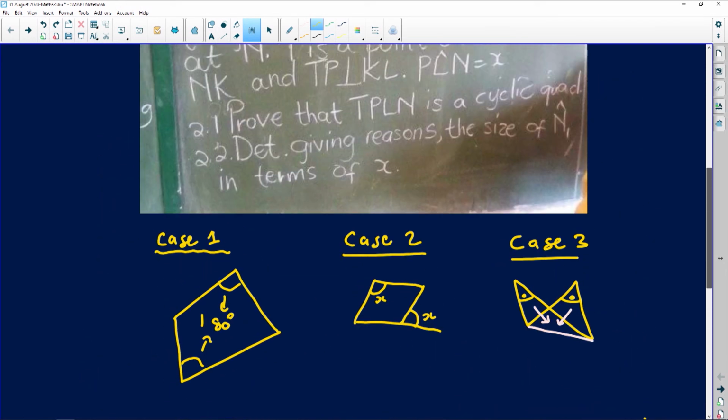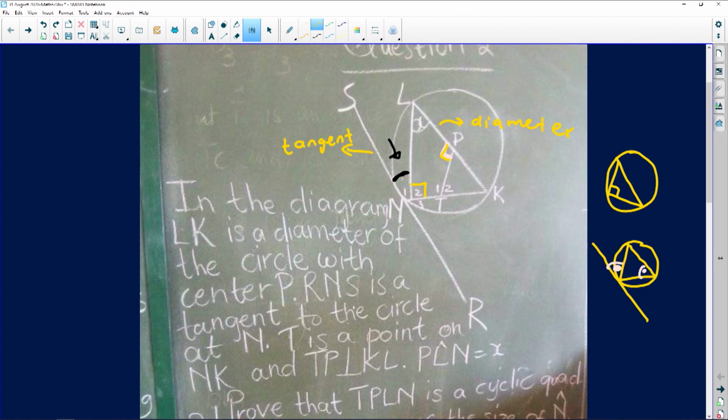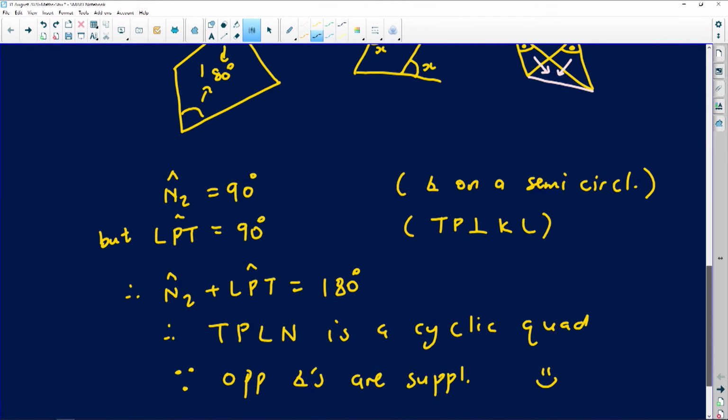Let's go back and look at it. LNK is a right-angled triangle. If I had to draw on it, I will be basically looking at this particular triangle here, right? So we have an angle x there already. We have a 90-degree angle here already, so you can figure out what the value of angle K is. And I'm sure you'll agree with me that it will be 90 degrees minus x, right?